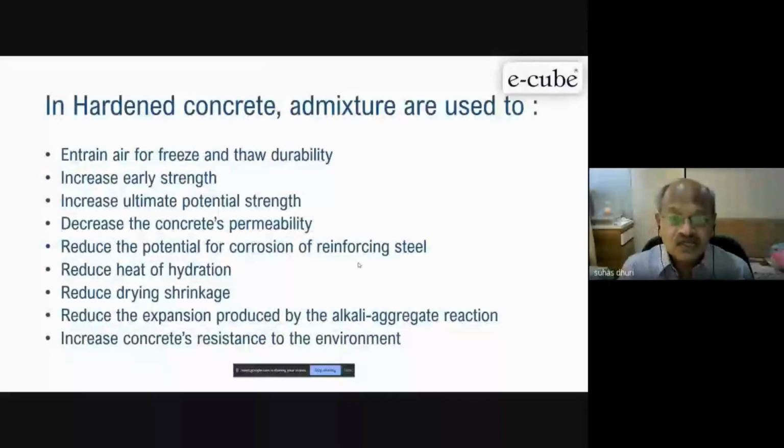Increase the early strength. That we have already discussed. You can have early strength at even 24 hours, even 8 hours, 10 hours, even 2 hours also. So that is possible. Increase ultimate potential strength, because whatever concrete we are using today, we rarely use 100% OPC, ordinary Portland cement.